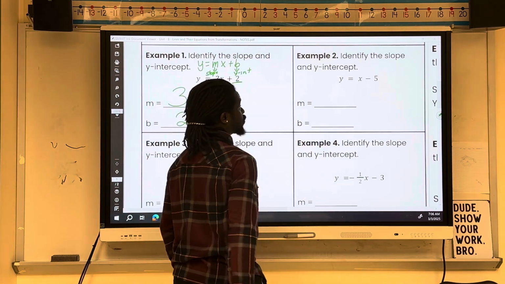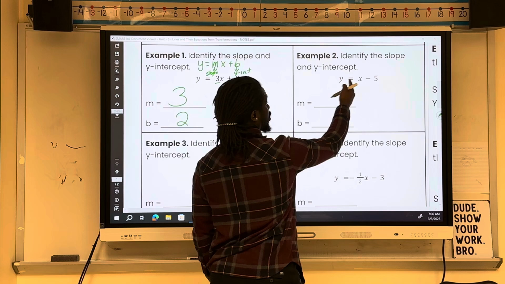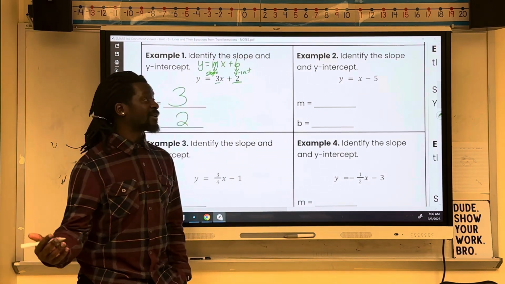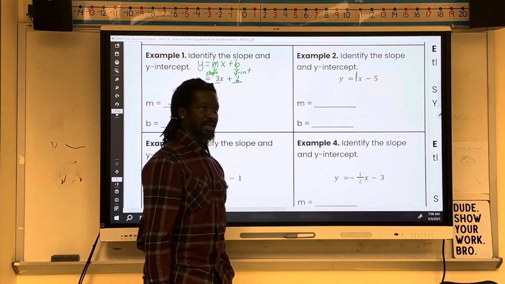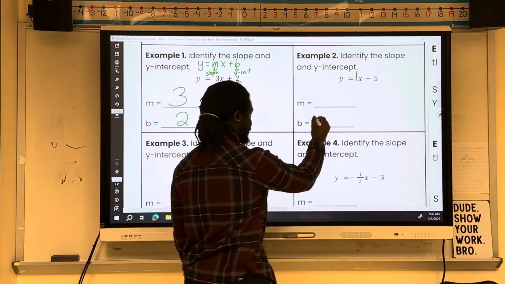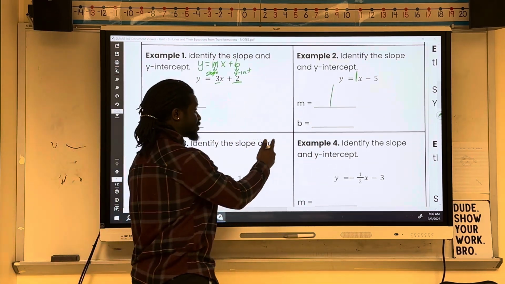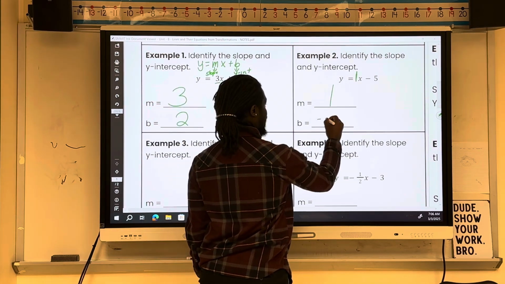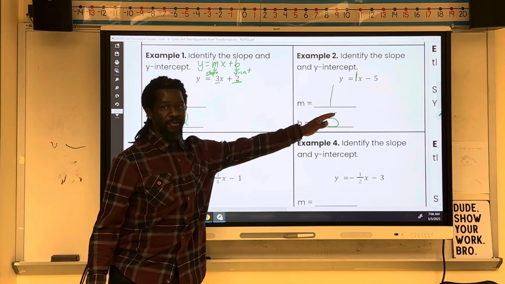Let's look at the next one. Again, this is written in slope-intercept form, and we're identifying the slope and the y-intercept. There is no number in front of the x, but you must remember there is an imaginary 1 there. So our slope is 1, and our y-intercept, or where it crosses the y-axis, is at -5.